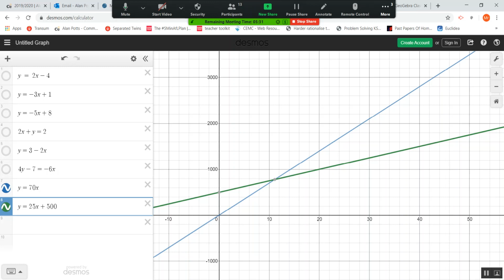Gradient and intercept. And what does the gradient tell me? Which numbers are the gradient values in those two equations? The 25 and the 70. Good. So that's how much it is going up by.